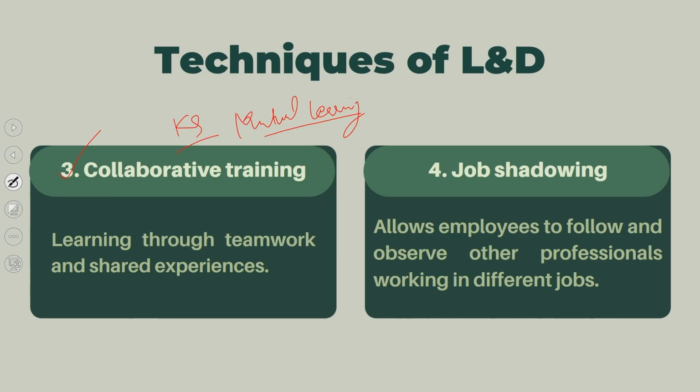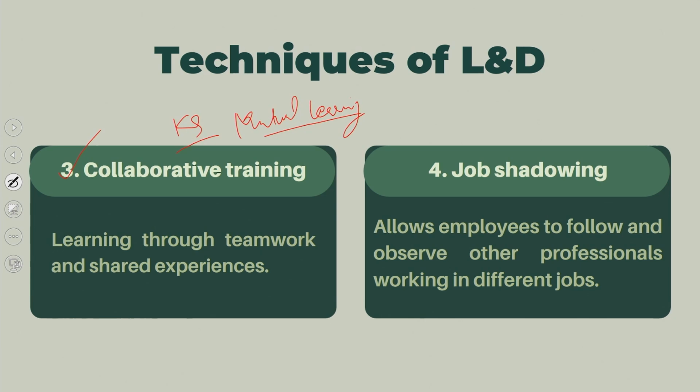You'll see interactive engagement aspects, promoting higher retention rates. And last but not the least, you'll also see knowledge retention. When employees discuss concepts with each other, they solidify their understanding and are more likely to remember the information.